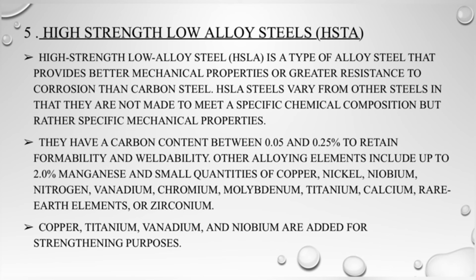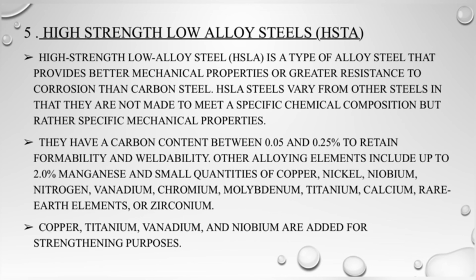This type of steel has very low carbon content, from 0.05 percent to 0.25 percent. The purpose of this low carbon content is to retain the formability and weldability of this metal, and many other small amounts of metals are also included in this alloy to achieve the desired mechanical properties.